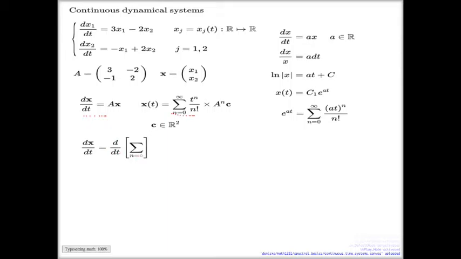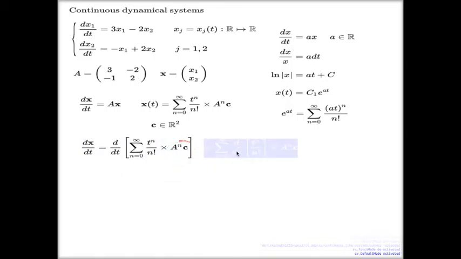I substitute, on the left-hand side, my formula for x. I need to differentiate this. The only dependence on t sits here. I can take this differential operator and apply it only to every term individually, and this is a constant, independent of t, so I can just ignore this.